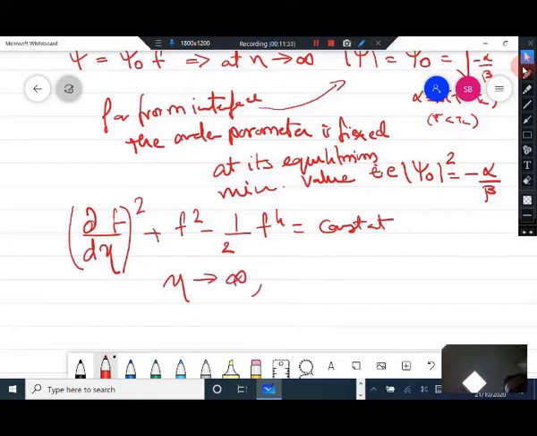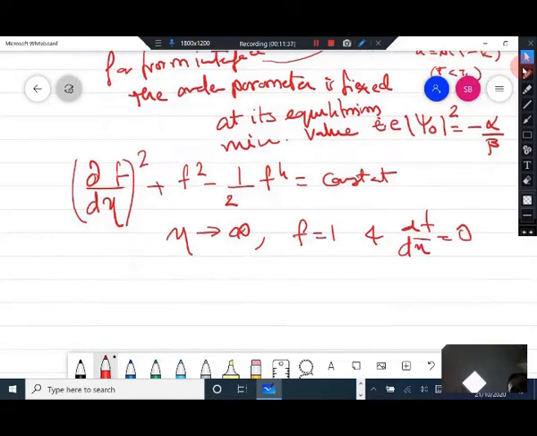For eta tending to infinity, f is equal to 1 and df by d eta is equal to 0. So we will get a condition that the constant is equal to half, because you will be substituting 1 out here and this will be 0. So you will evaluate your constant equal to half.